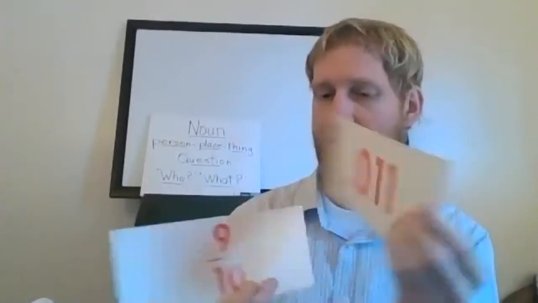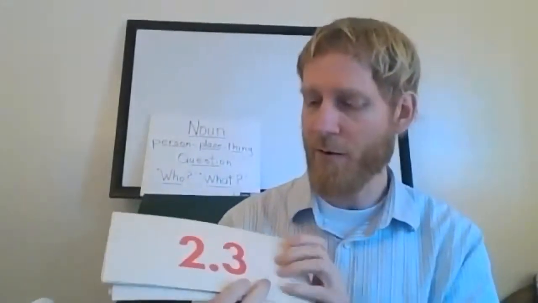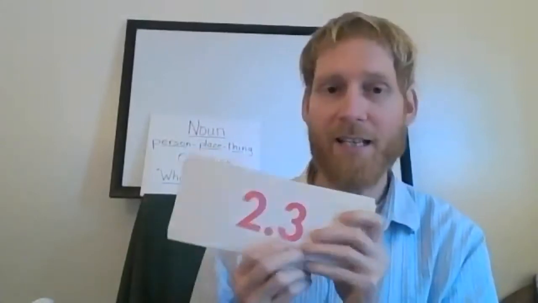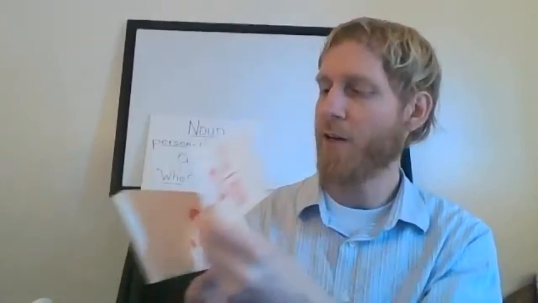Keep working with decimals. What if I gave you the decimal and you had to write the fraction? 2.3 would be 2 3/10, and do it the other way. So we'll keep practicing those.